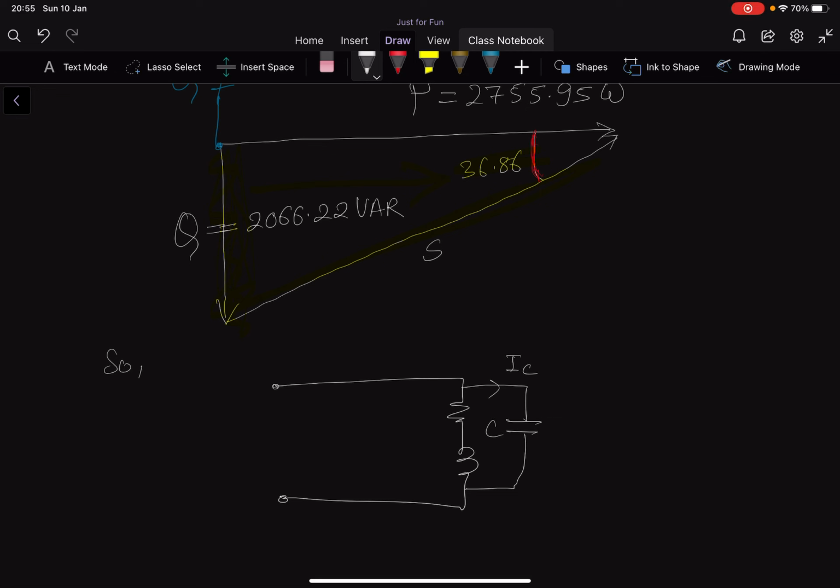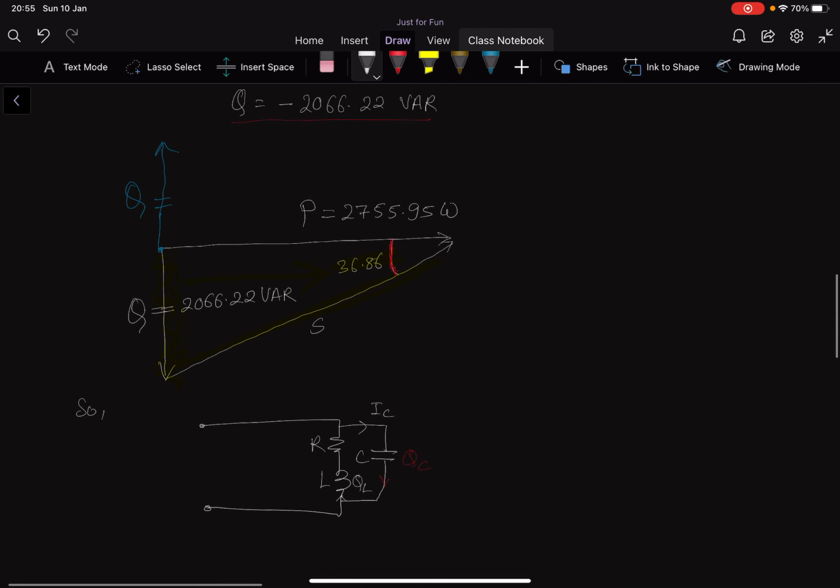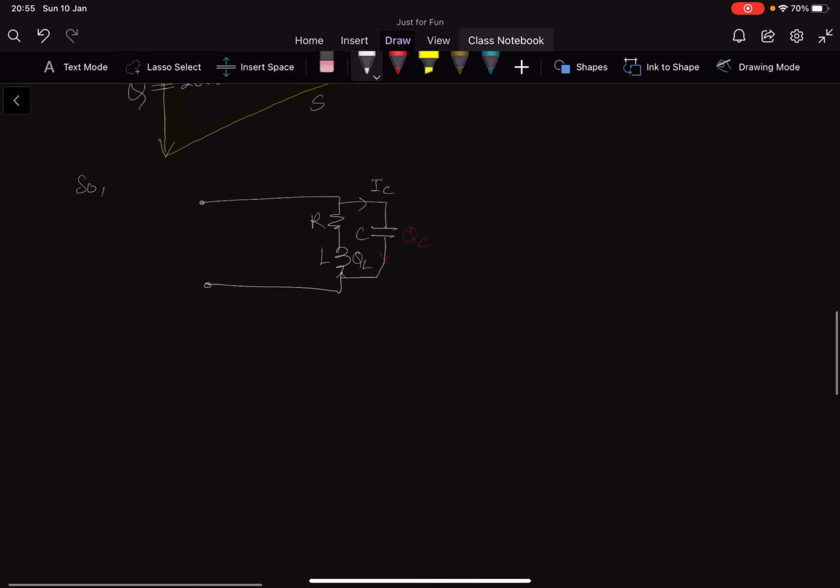This is capacitor C, this is L, this is R. The reactive power consumed by L is going to be produced by C. Whatever reactive power we have calculated just now, this value, is going to be generated by the capacitor.